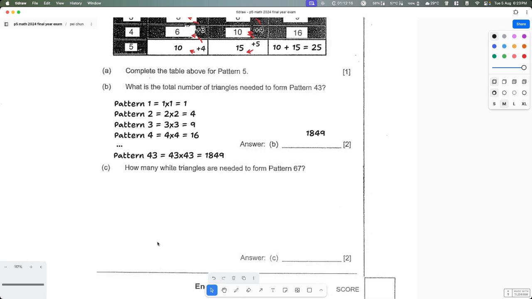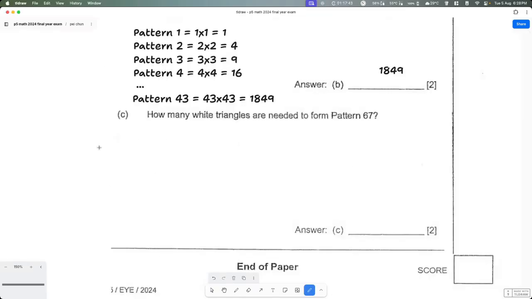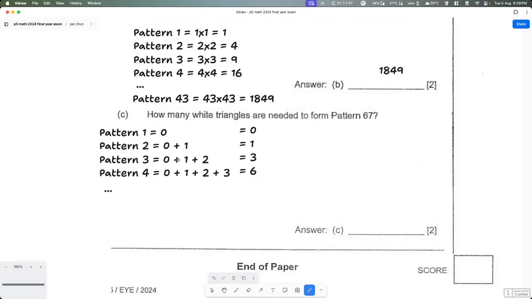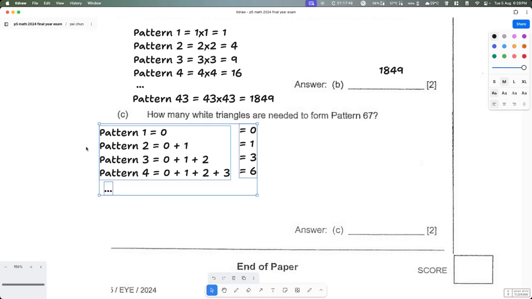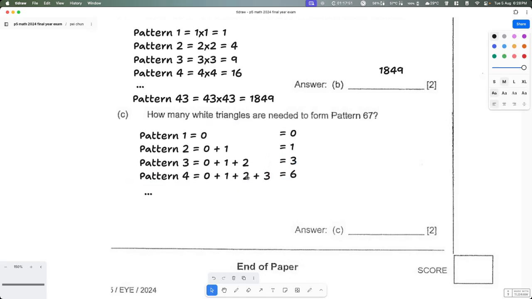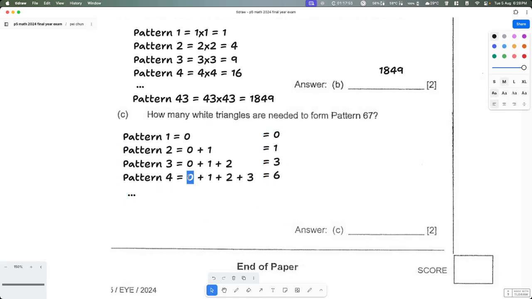Okay, so next one. All right, part C. How many white triangles are needed to form pattern 67? So if I were to copy and paste the pattern, it would look something like this. We have 0 plus 1 plus 2 plus 3 equal to, in this case, 6. How we get 6 is for pattern 4, we just have 3 plus 1 and 2.